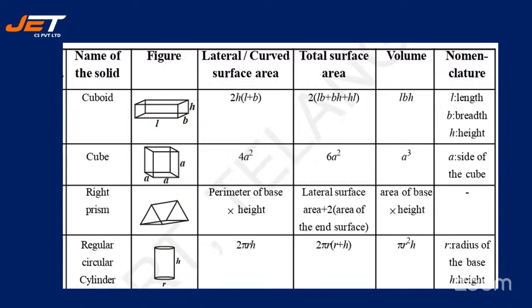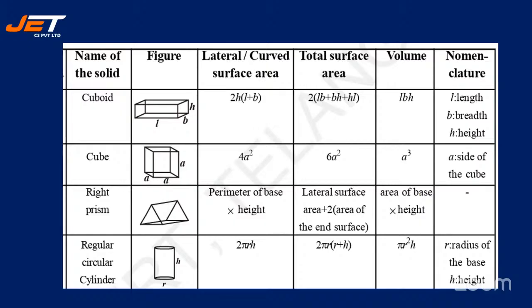What is the total surface area of the cuboid? It is twice of (l into b plus b into h plus h into l). And what is the volume? l into b into h, where l is the length, b is the breadth, h is the height.